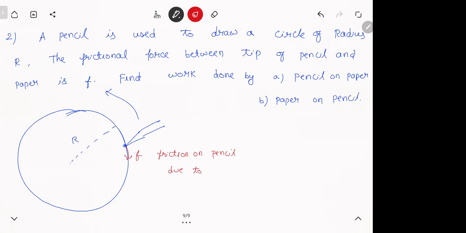You're dragging it now. So you need to find work done by pencil on paper, paper on pencil. The pencil is going this way, whereas this thing is that way. Hope the question is clear. You draw a circle of radius r, frictional force F. Find work done by pencil on paper, paper on pencil.